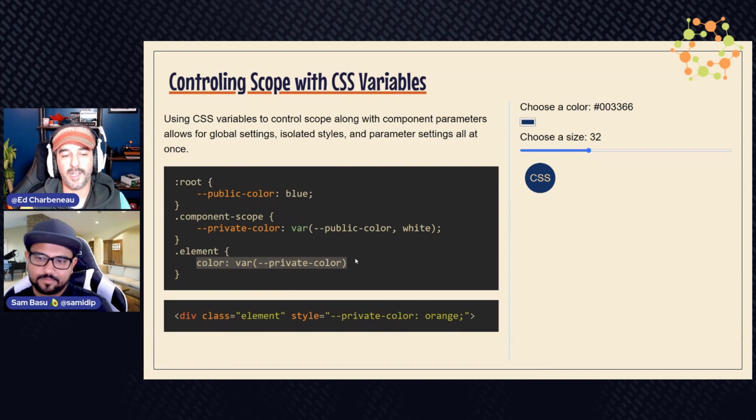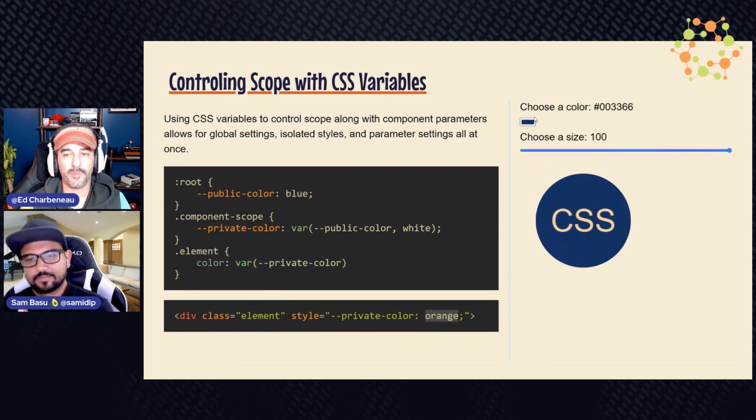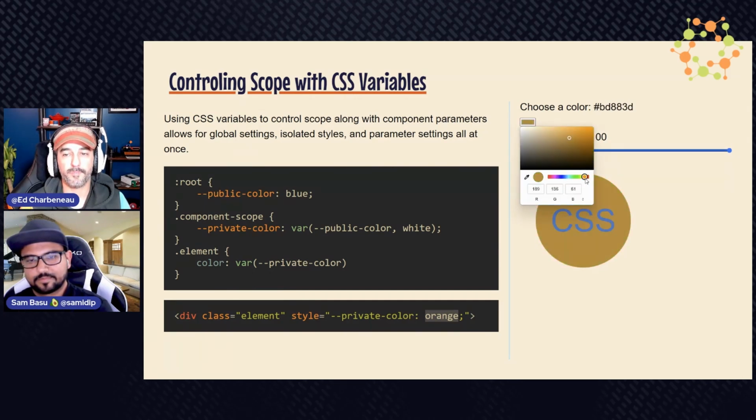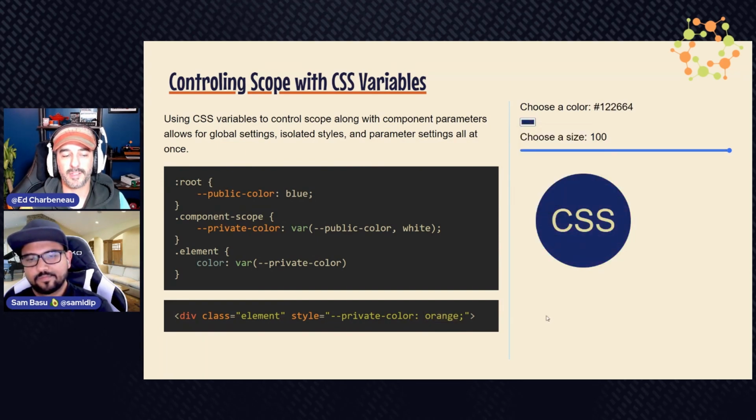It'll even override an element level selector because the inline style is a trump card to all of these. And I can have one component that is being resized and recolored based on an input at runtime. I think that is pretty compelling if you want to open yours up in that way.